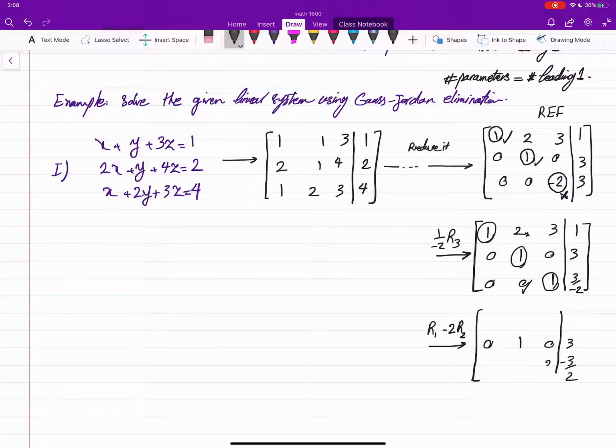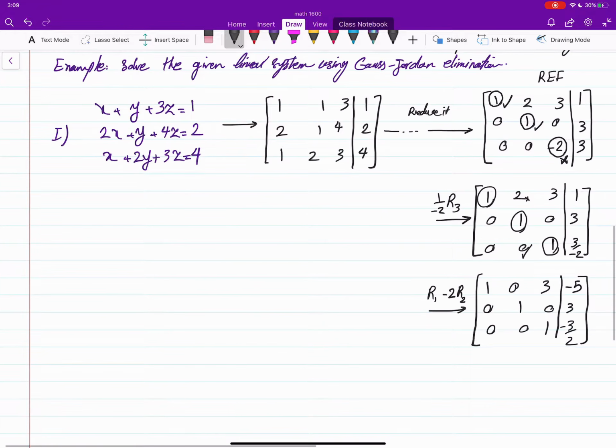We are not touching the other rows, so they stay the same. Now we make this operation: 1 minus 2 times 0 is 1, 2 minus 2 times 1 is 0, 3 minus 2 times 0 is 3, 1 minus 2 times 3 is negative 5.